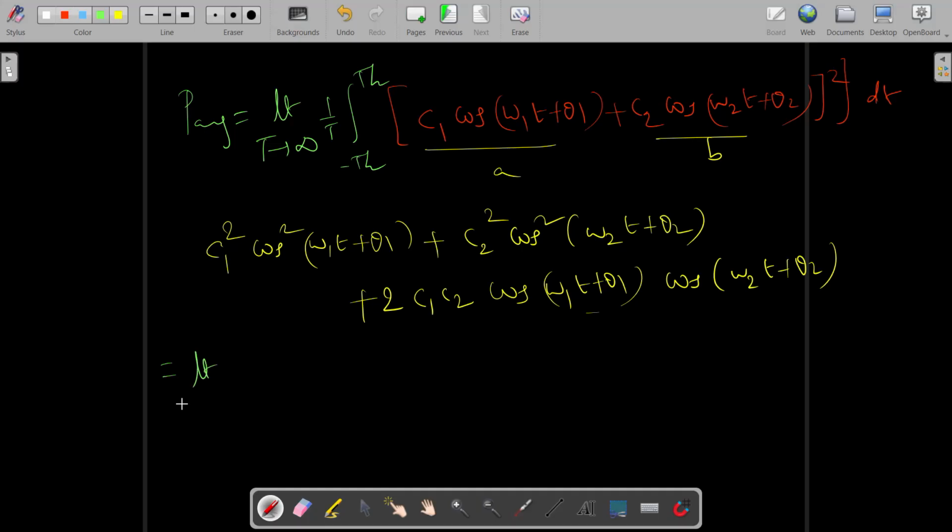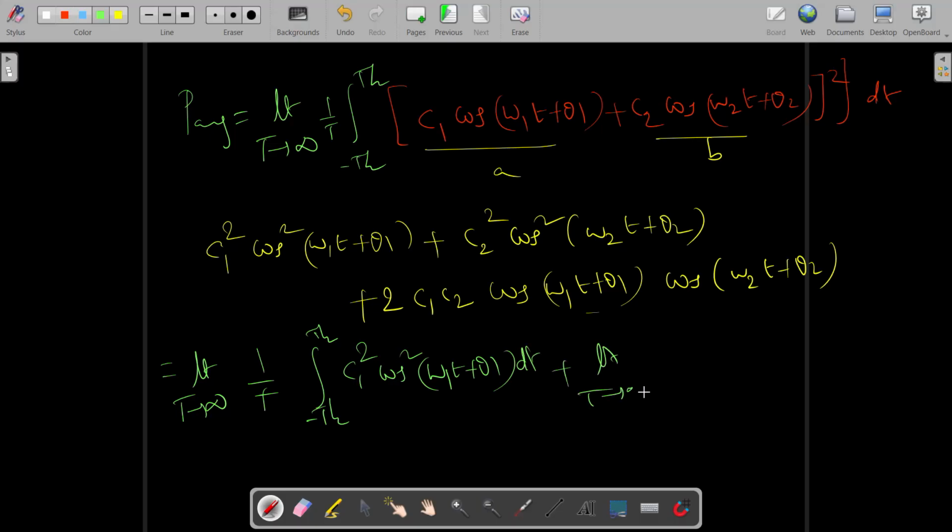Limit T tends to infinity, 1 by T, integral minus T by 2 to plus T by 2. What is the first term we have? The first term is c1 squared cos square omega 1 t plus theta 1 into dt. The second term is limit T tends to infinity, 1 by T, integral minus T by 2 to plus T by 2, c2 squared cos square omega 2 t plus theta 2 into dt.